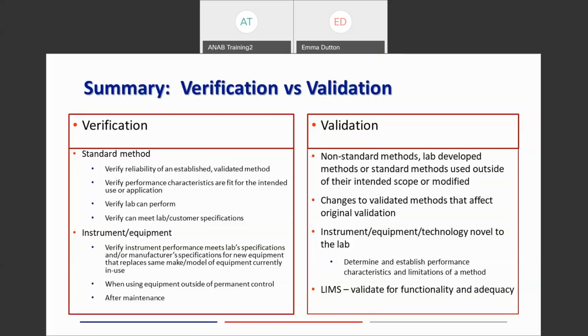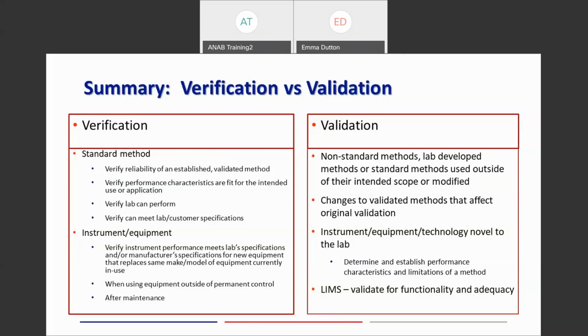But for any standard method, it's a method where all the performance characteristics have already been validated and published as those performance characteristics for that method. You then verify those performance characteristics are fit for the intended application or use. You verify that the lab can perform that method and that it meets your needs, your specifications, and the customer's requirements as well. You also verify equipment, and this is where you've already established a method for that piece of equipment, and maybe you purchase a new piece of equipment to replace an old piece of equipment.